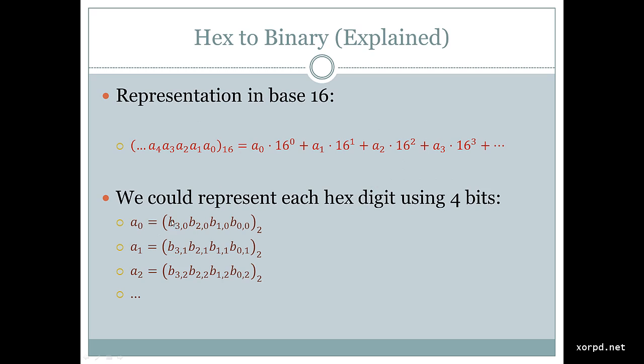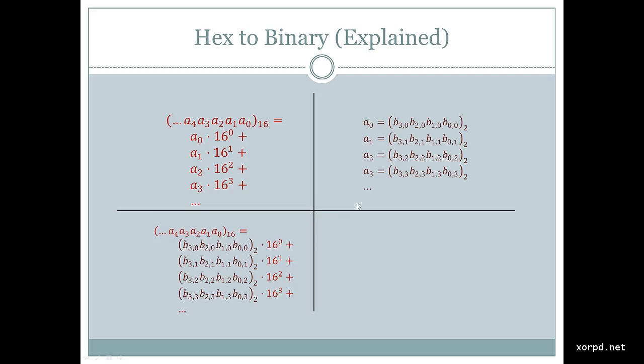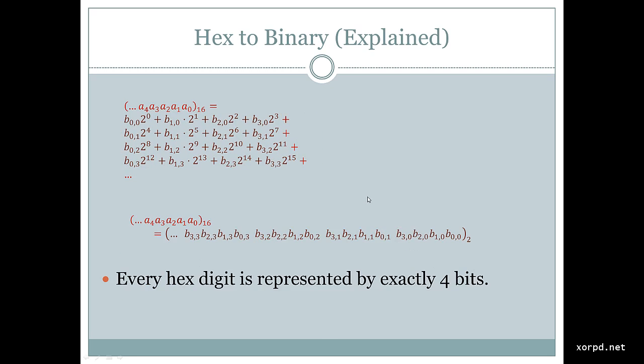A0 was originally B30, B20, B10, B00 in base 2. And here eventually, we get that in the total binary representation, those 4 bits are the last ones. The same we are going to get for A1, which is represented here by those 4 bits, B31, B21, and so on. And A3, which is represented by this quadruple, and A4, which is represented by this group. So we get that every hex digit is represented by exactly 4 bits.